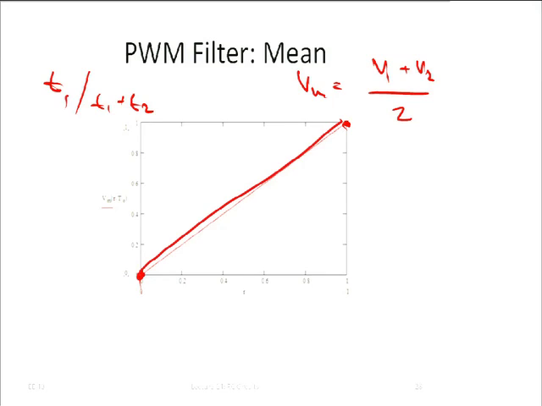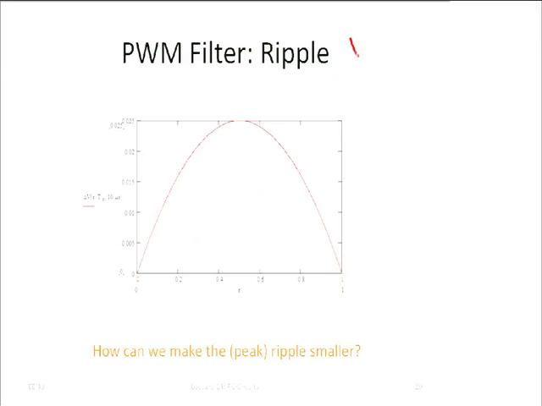Now, we also might be interested in the ripple. That would be V2 minus V1, right? Ideally, what comes out of our D to A converter is a constant, right? When we've set it to a certain duty cycle, then the output should be constant. Well, it's not, because in practice, of course, the capacitor is being charged a little, discharged a little. It just happens so fast that it's just a little charging and discharging.